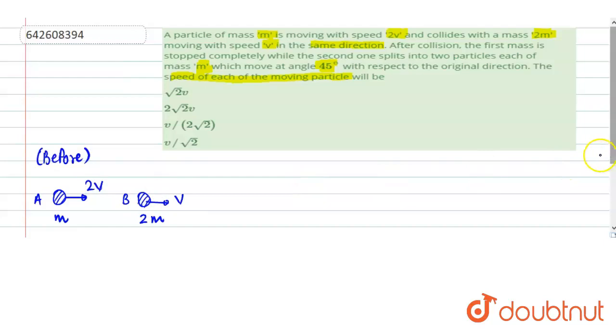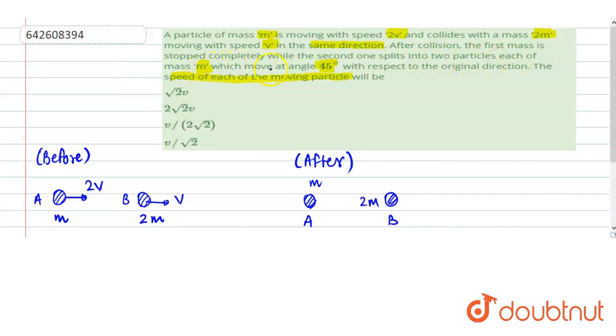Now these two masses collide, and after the collision the first mass is stopped completely. So after situation is, the first mass, that means the particle A, whose mass was m, is stopped completely, that means it is at rest, and particle B whose mass is 2m splits into two particles.